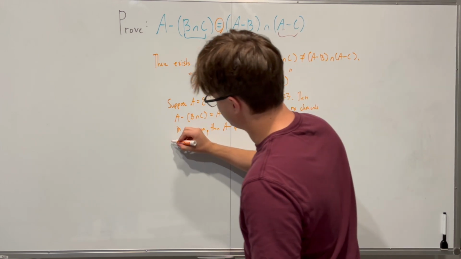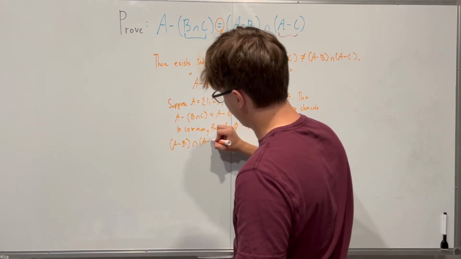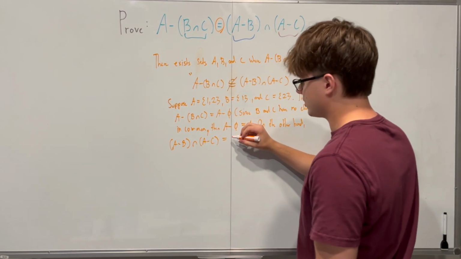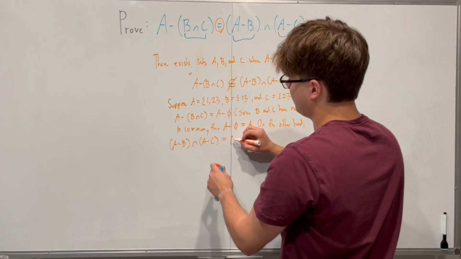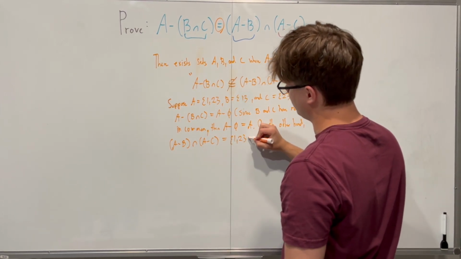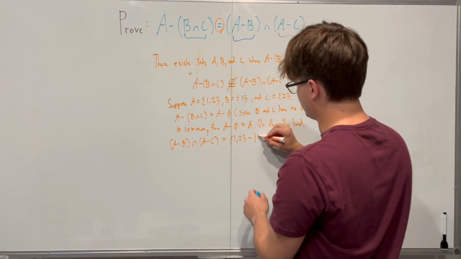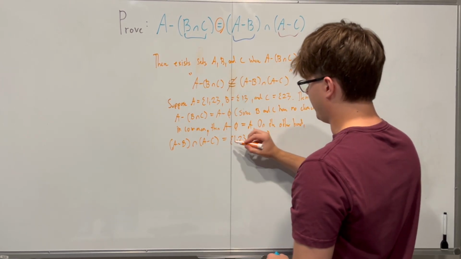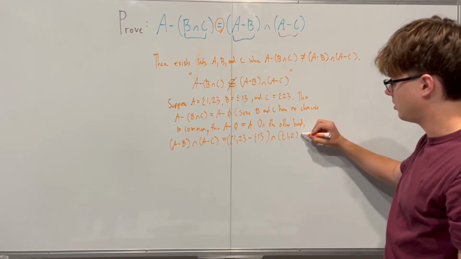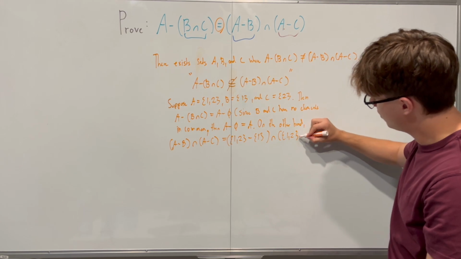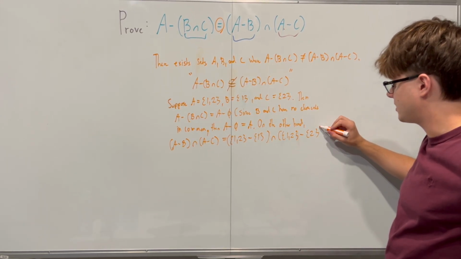now we look at the right-hand side, (A minus B) intersect with (A minus C), which is going to equal, well, we can claim this to be the set {1, 2} minus the set of, what does B have? B has 1, in a bracket, intersect with the set {1, 2} minus the set containing 2. Fantastic.